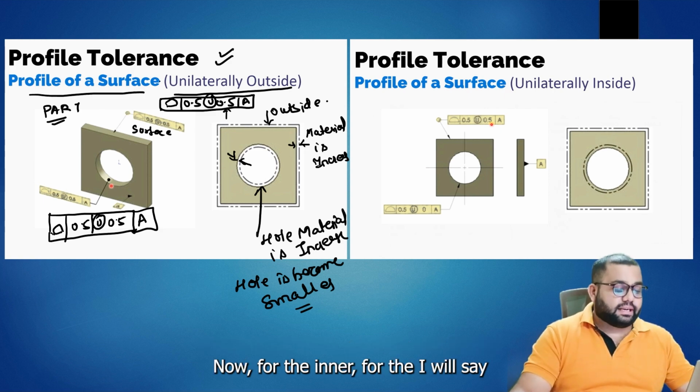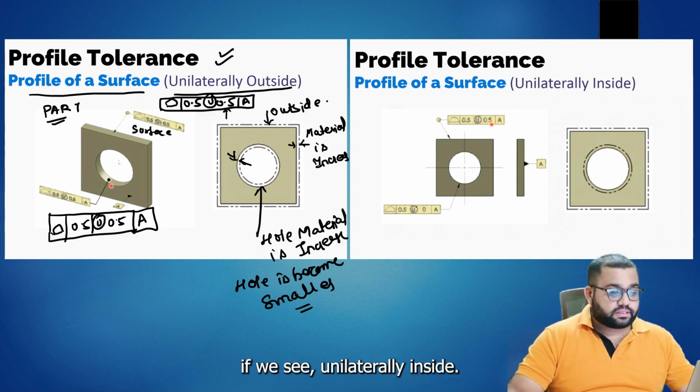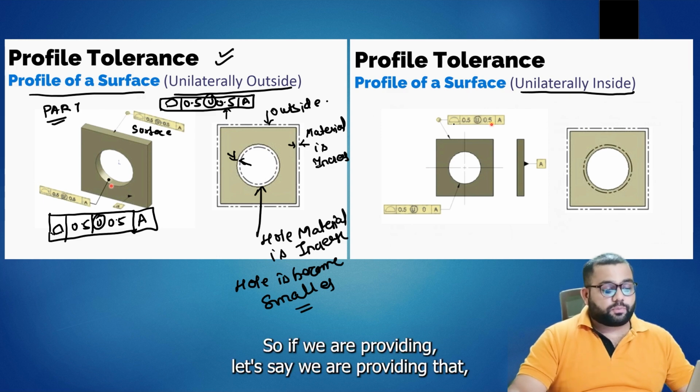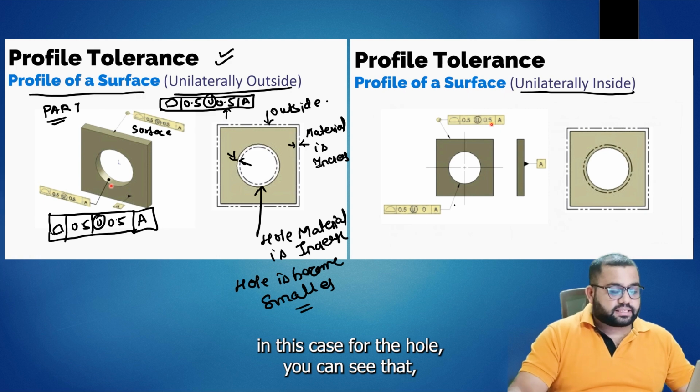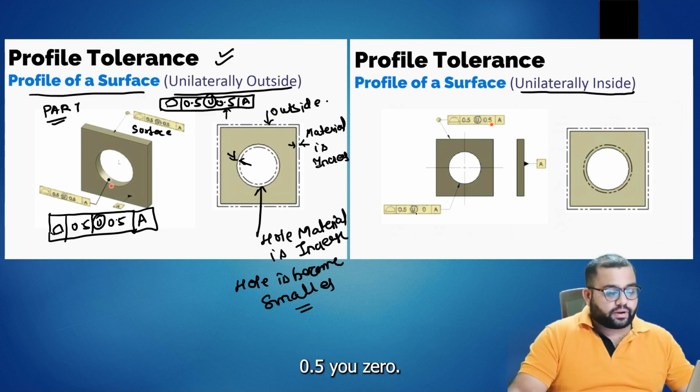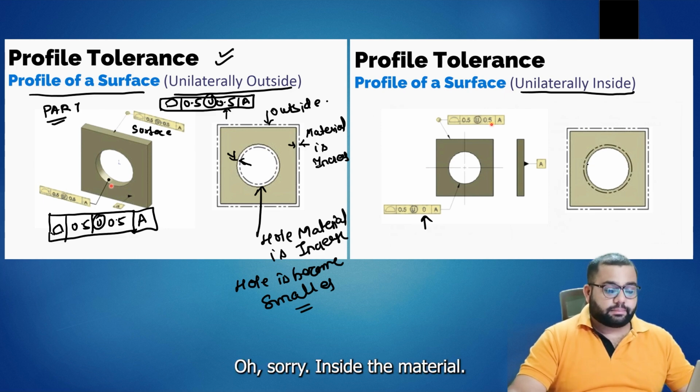Now, let's see unilaterally inside. If we are providing, in this case for the hole, you can see that 0.5 U 0. Okay. If we are using 0, it means that it is inside the material.